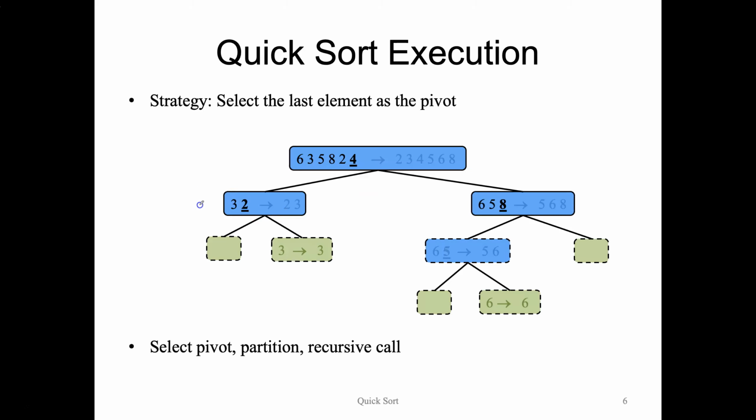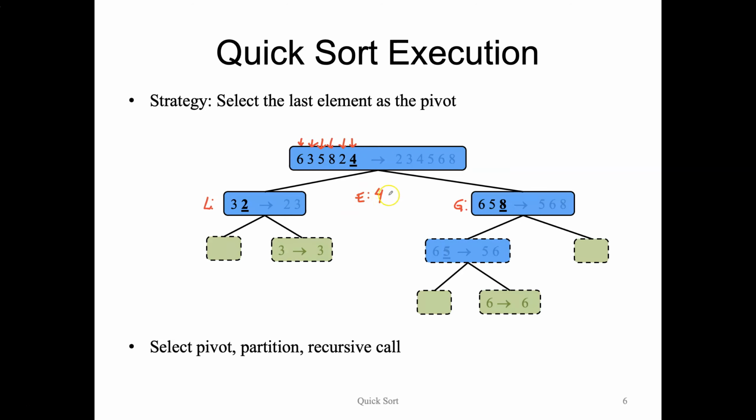We'll compare 6 to 4, which is greater than 4. 3 to 4, 3 is less than 4, so 3 is the first item in L, 6 is the first item in G, 5 will go in G, 8 will go in G, 2 will go in L, and then 4 is the only one which is equal to 4, so we'll keep that there.